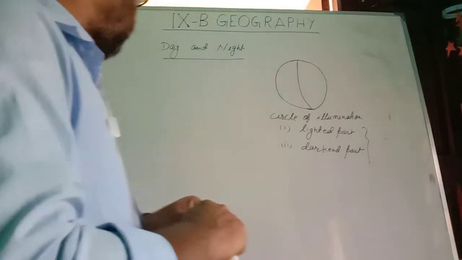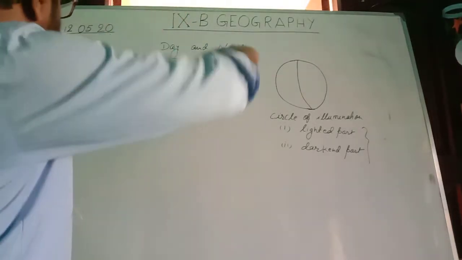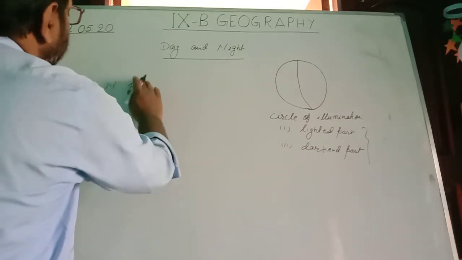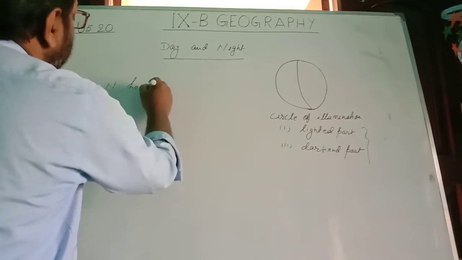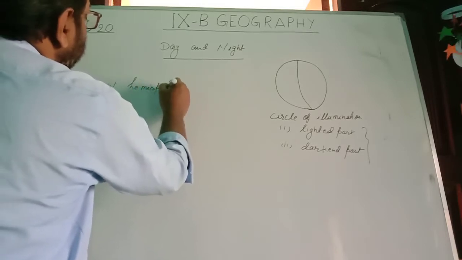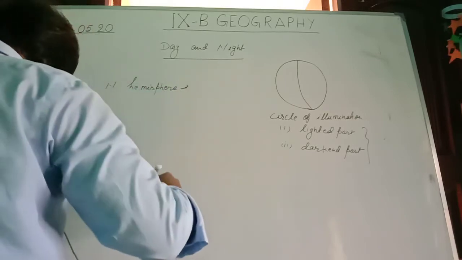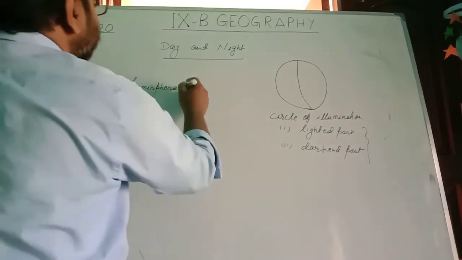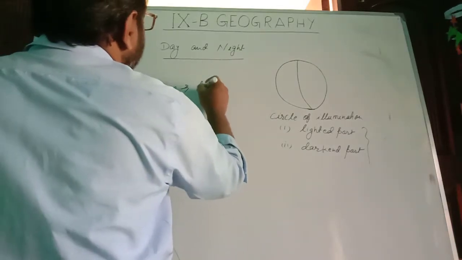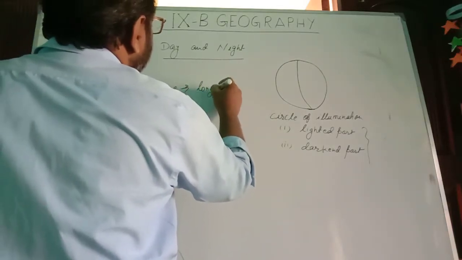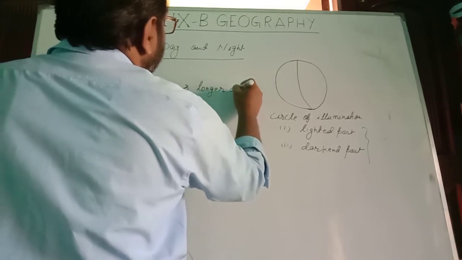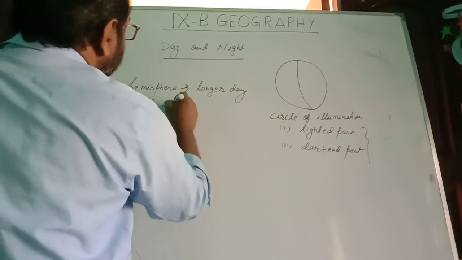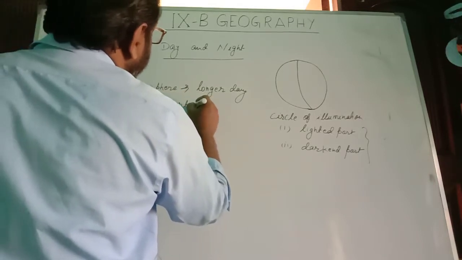If the northern hemisphere is tilted towards the sun, then this northern hemisphere experiences a longer day and shorter night.